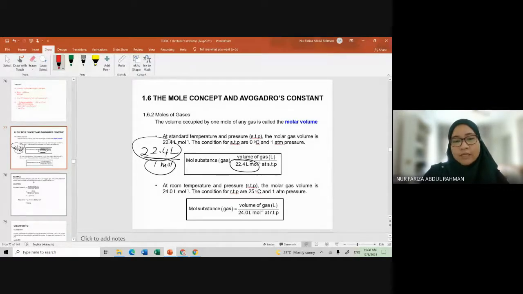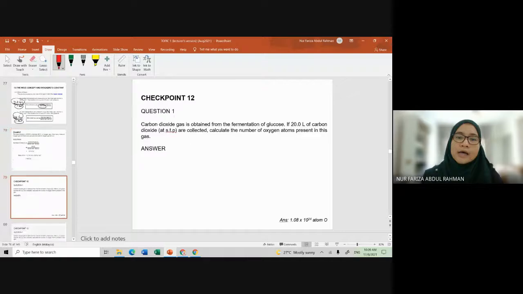For RTP, it will be 24 liter per mole. So 1 mole of gas substance is equal to 24 liter of volume. So you have been introduced to that too.